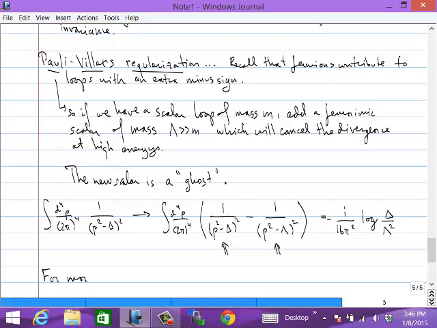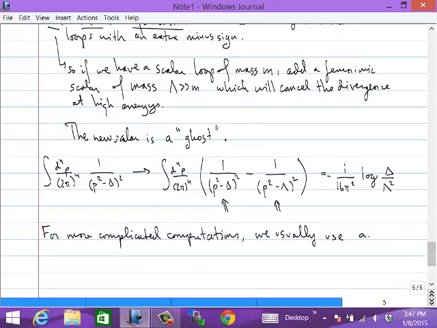For more complicated calculations, we usually use a different scheme known as dimensional regularization, which is something that we'll discuss probably next class.